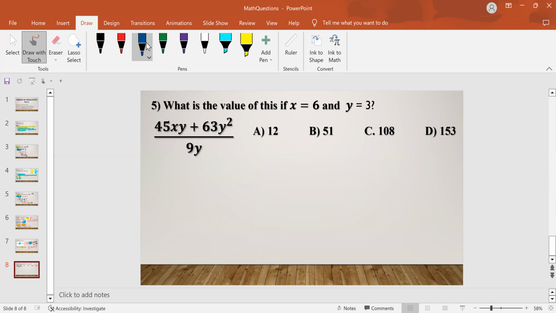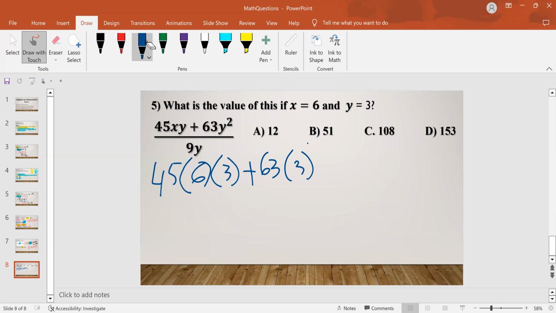Therefore, we're going to have 45 multiplied by the x value here, which is 6, multiplied by the y value, which is 3, plus 63 multiplied by the y value, which is 3, raised to the second power. Everything divided by 9 multiplied by 3, because 9y. So 9 multiplied by y.